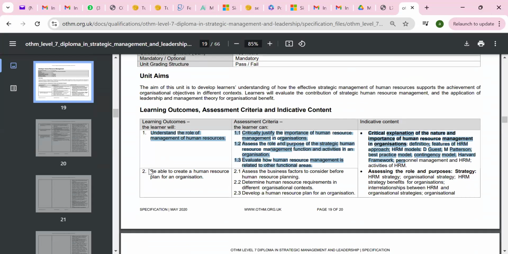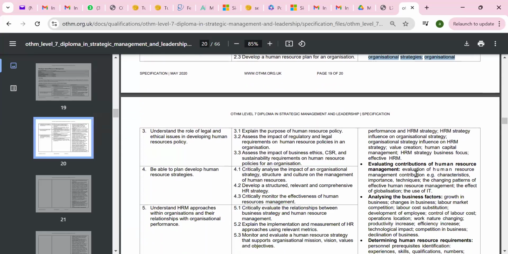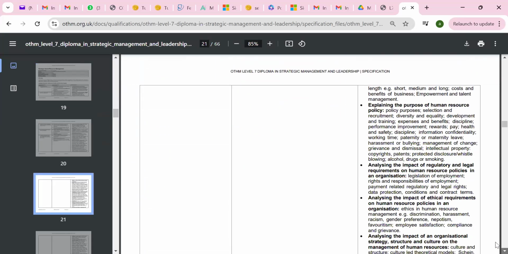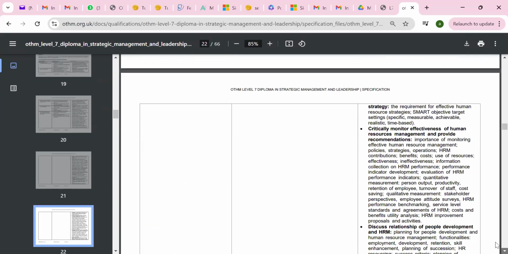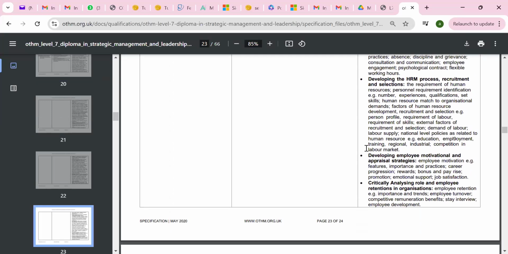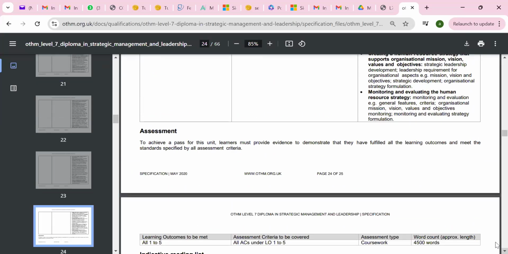Moving to LO2, which is 2.1, 2.2 and 3, that is part of your task one as well, so you can focus on all this indicative content. Move to LO3 and look at its indicative content, then LO4 and its indicative content. All the indicative content has been given, so please pick from it and discuss it in your assignment. You will see everything highlighted in the indicative content for each assessment criterion, which also helps you.